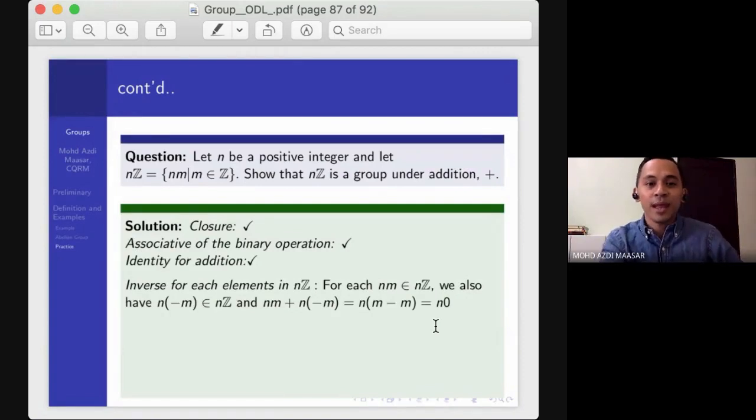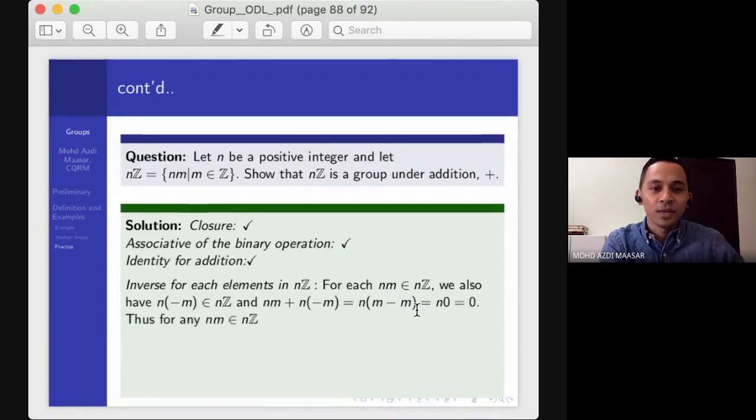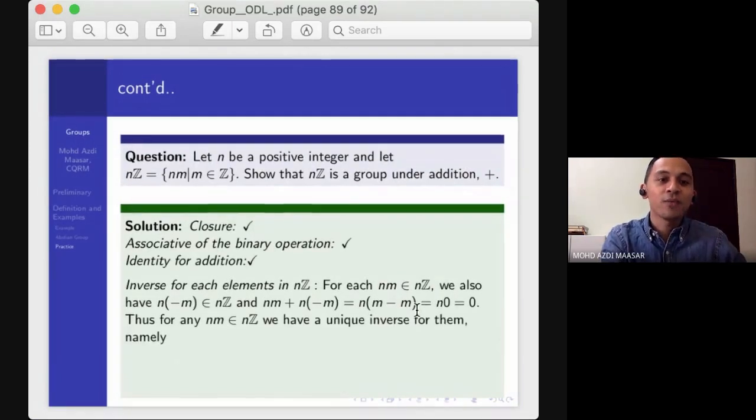Adding this to nm, we have nm plus n of minus m equals n of m minus m, and this equals 0, the identity that we stated in axiom 2. Thus, for any nm in nℤ, we have a unique inverse for them, namely n of minus m in nℤ.